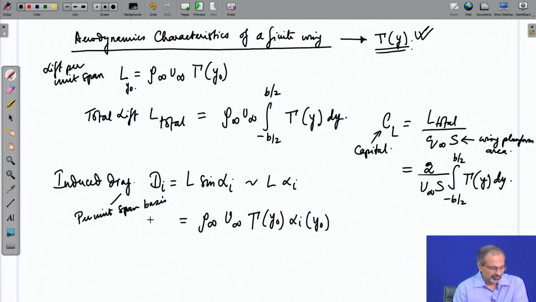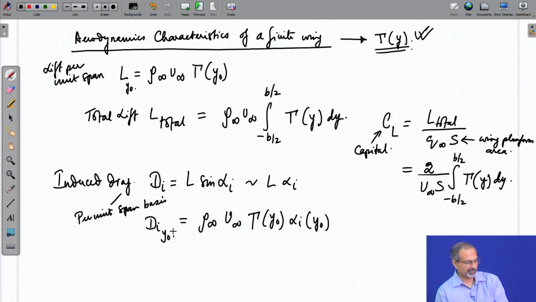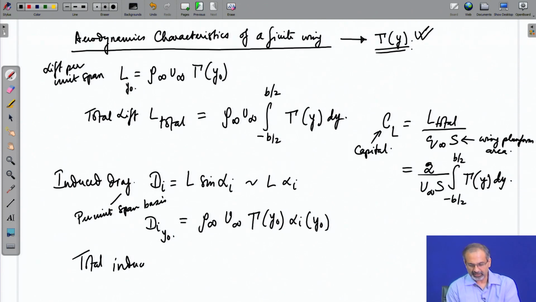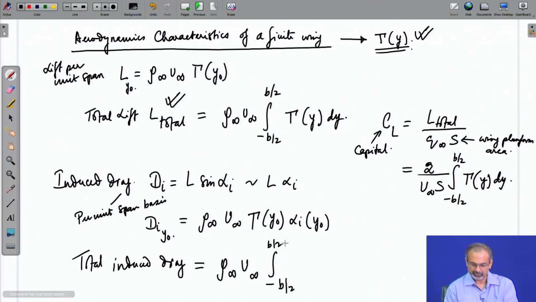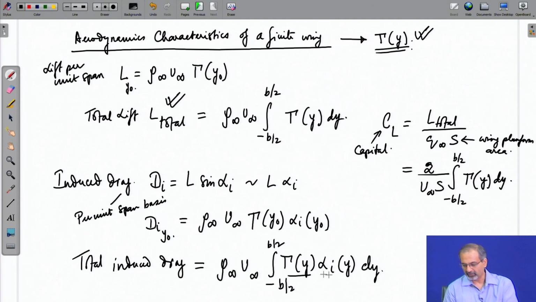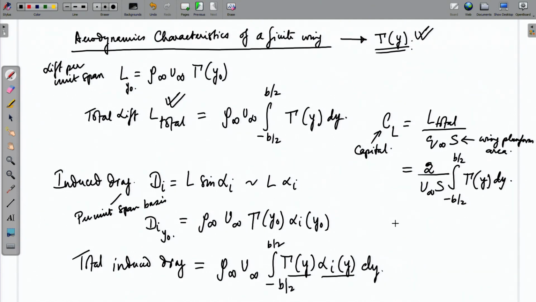So, that will be your d I at y naught per unit span, and then you get the total induced drag by integrating it, similar to what you did for lift. So, the total induced drag will come out to be rho infinity u infinity times the integral from minus b by 2 to b by 2 of gamma y alpha I y dy. So, the y variations of gamma and the induced angle of attack, everything get into that integral.